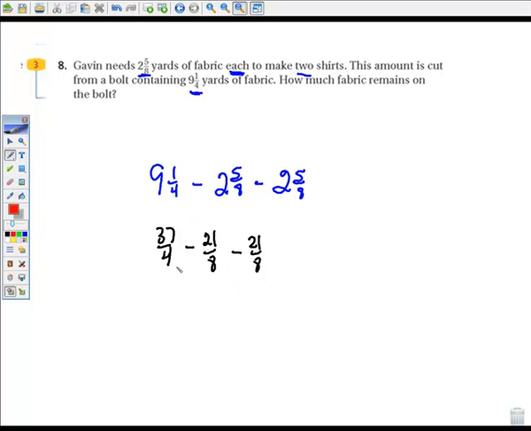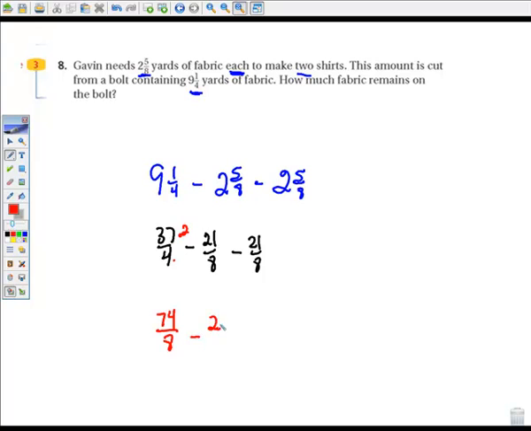Now, I can't just go ahead and do all my crossing off here like I've been doing because I have more than just 2 fractions here. My common denominator is an 8 because both 4 and 8 divide into 8. So I will change this to an 8, and 4 times 2 is 8, so 37 times 2 is 74.